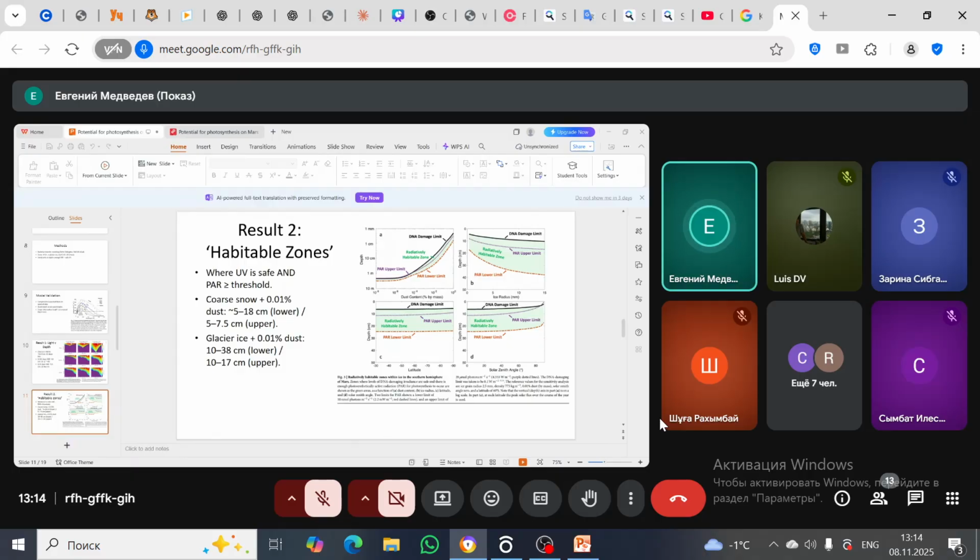So it's not much water, but enough for microhabitants. And why can it persist? Inside pores, water vapor can be near saturation, and overlying dust and ice reduce diffusion to the dry air. And this slows evaporation. So water can be stable below the surface, even when the surface is harsh.